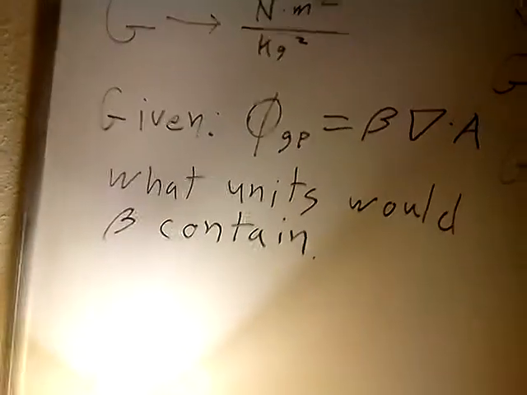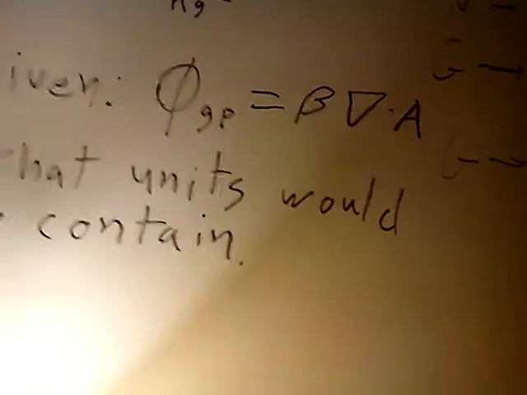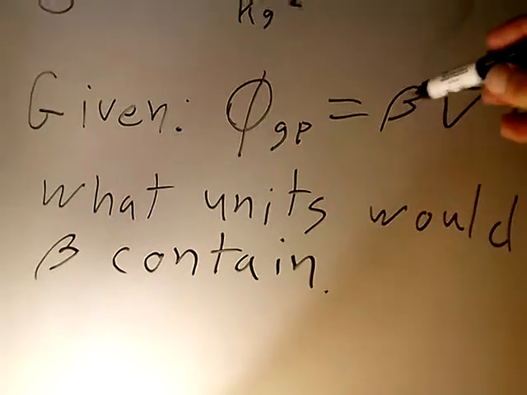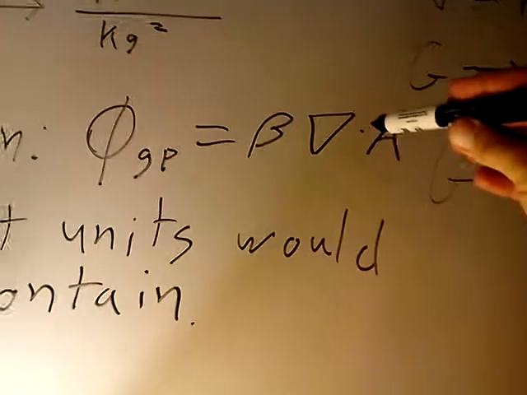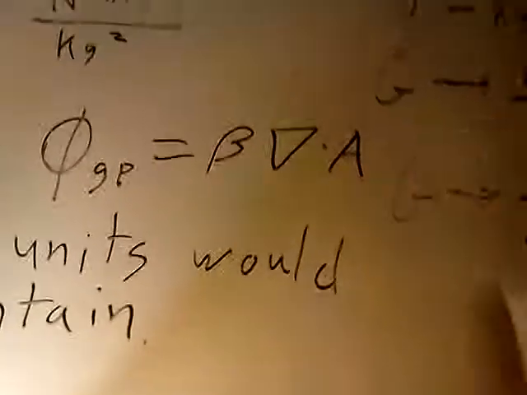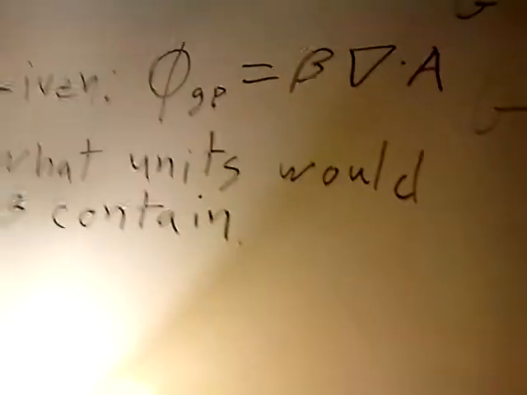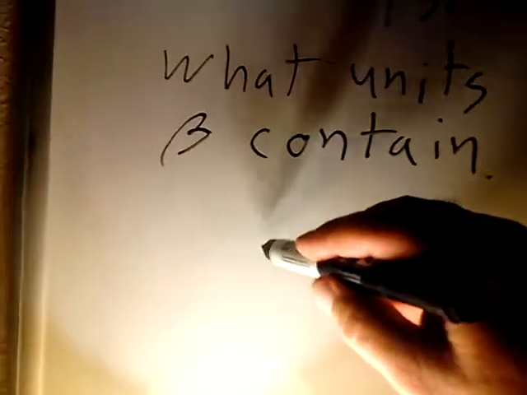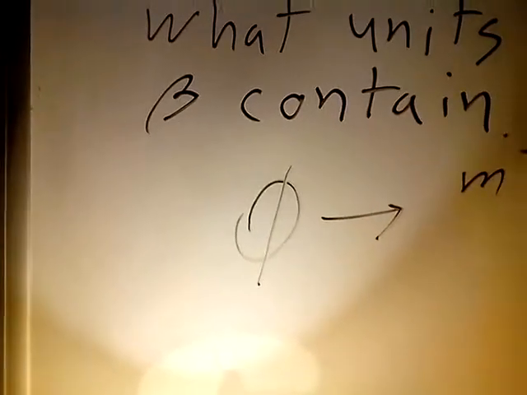Now, here's a hypothetical formula a guy named Thomas Bearden came up with: gravity potential is equal to some kind of constant beta times the divergence of the magnetic potential field. The key is to figure out what units that would contain. We know that beta has units of meters squared per second squared.